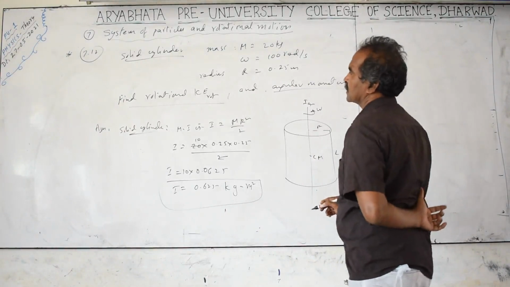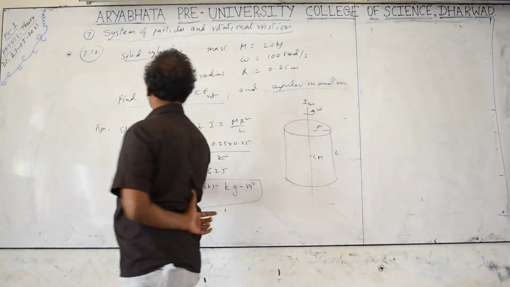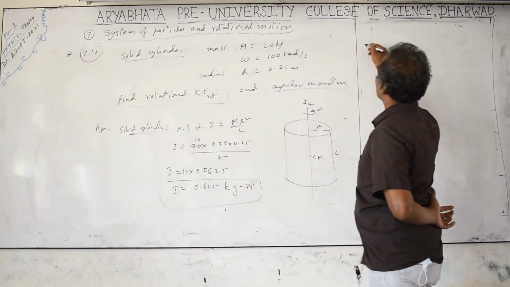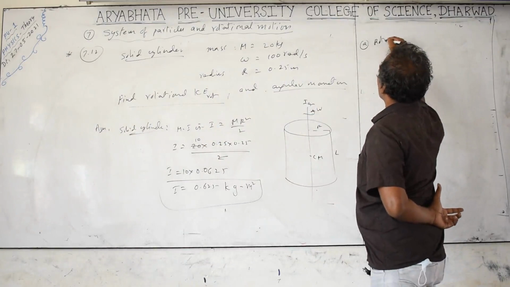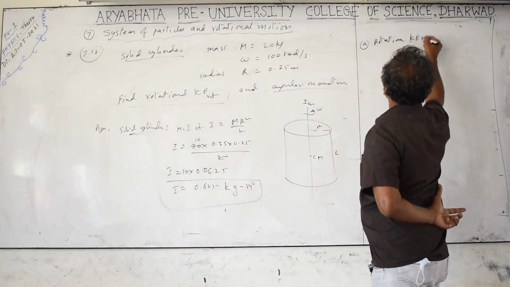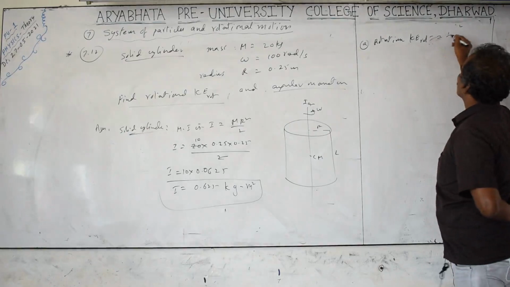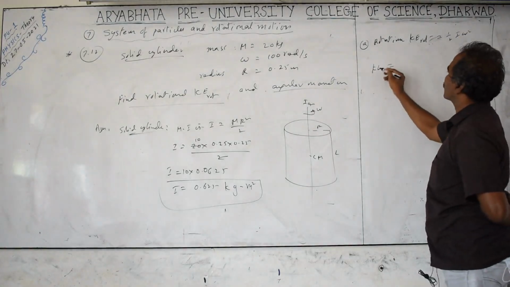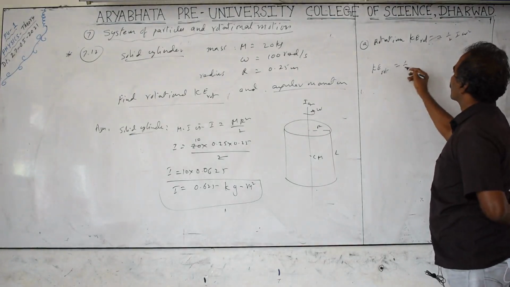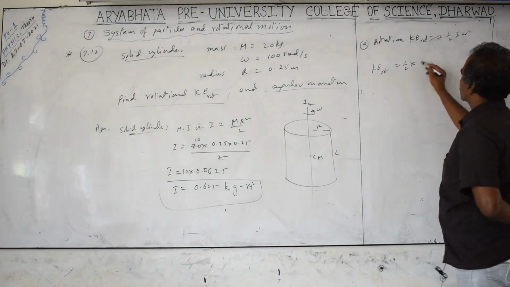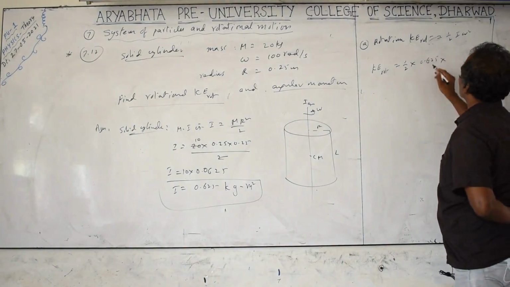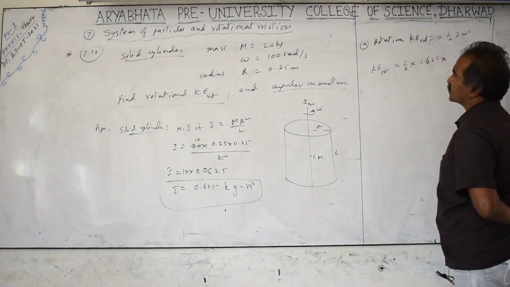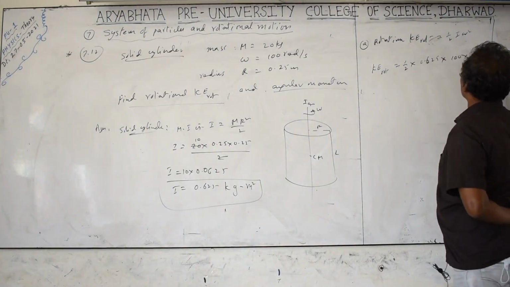Next, with the moment of inertia known, we require the rotational kinetic energy and angular momentum. Part A: rotational kinetic energy is equal to half I omega square, which is half into 0.625 into 100 into 100.